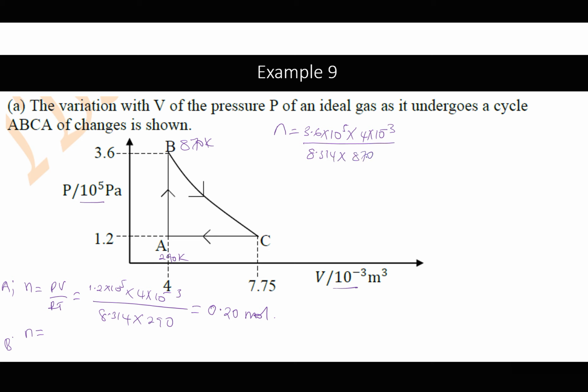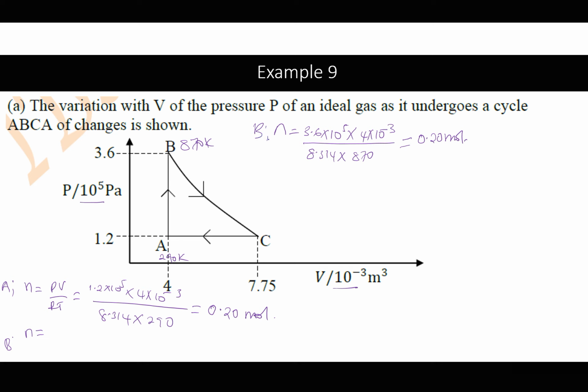So when you press your calculator, to two significant figures, I'm getting the same thing, 0.20 moles. So at B, you'll get the same thing.